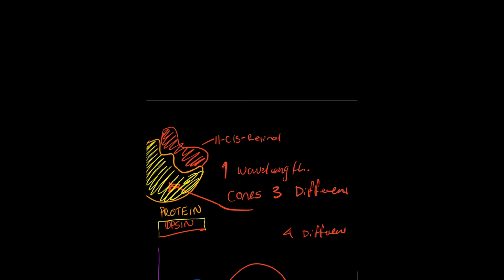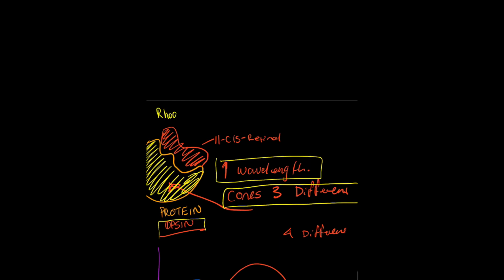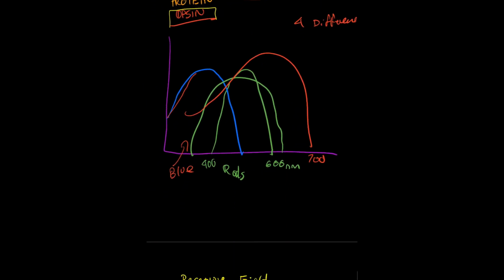In cones, we have 3 different kinds of opsin, whereas in rods, we only have 1. If you've watched other videos, you'll know that in rods, this is called rhodopsin. However, rhodopsin is not the photopigment used in cones. That's different.